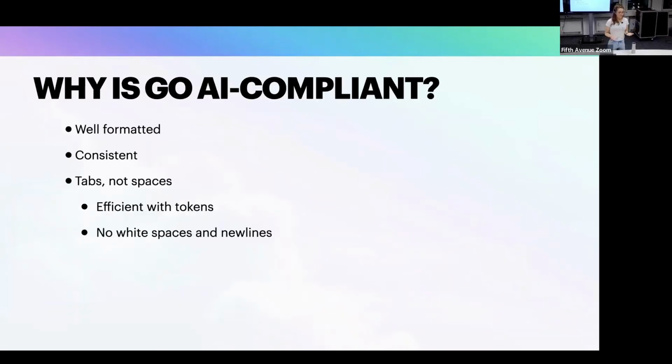Tabs, not spaces. It's been a discussion for a long time, but a big problem is tokens and prompts. Prompts are limited. Right now, the biggest prompt that you can write on the biggest engine is something like 4,000 tokens, which do not map one-to-one. But this is something like, depending on the language and on many different things, 10, 20,000 characters.